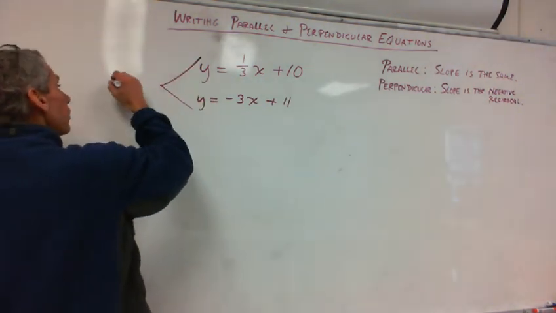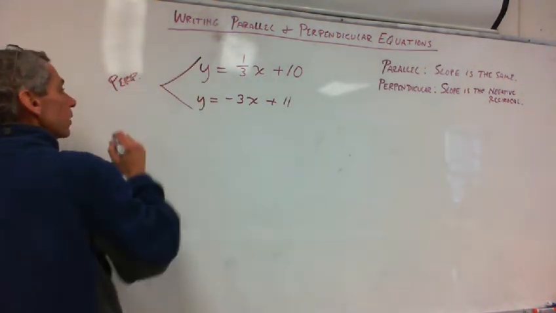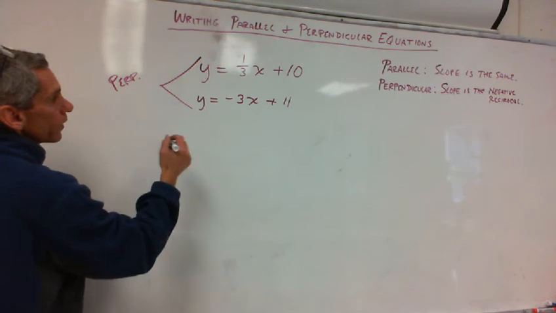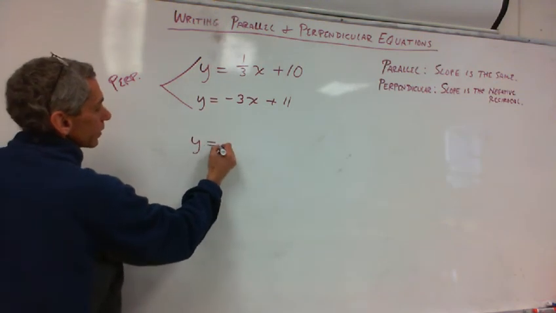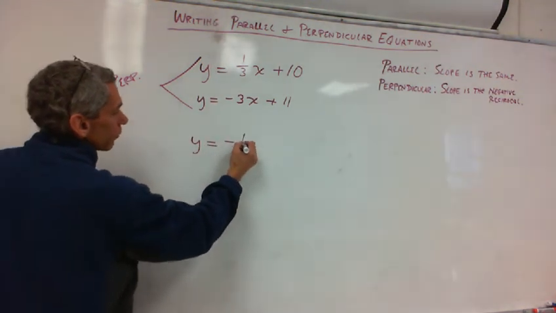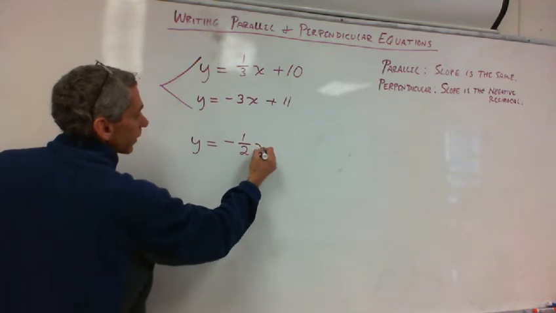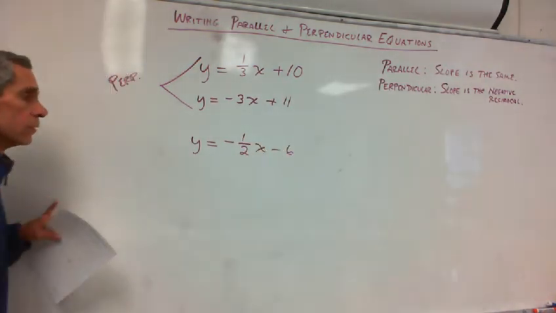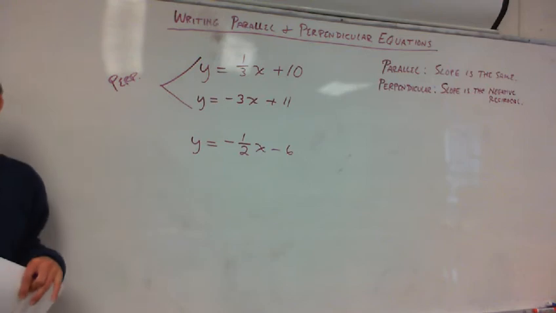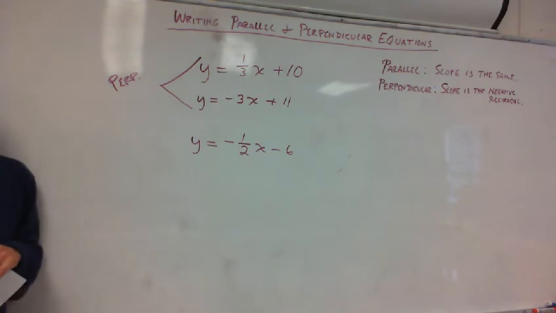These two lines are perpendicular. Okay? What if I gave you this? Y is equal to negative 1/2 x minus 6. Give me a perpendicular line to this. Somebody different. Somebody courageous. Thorn.